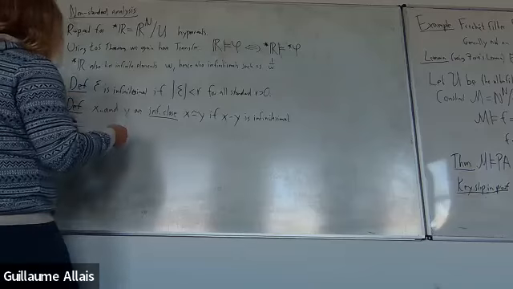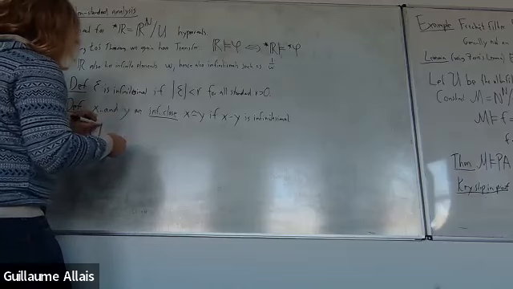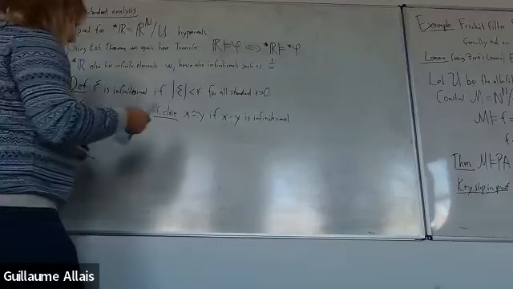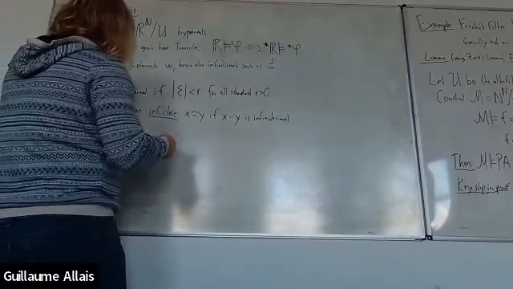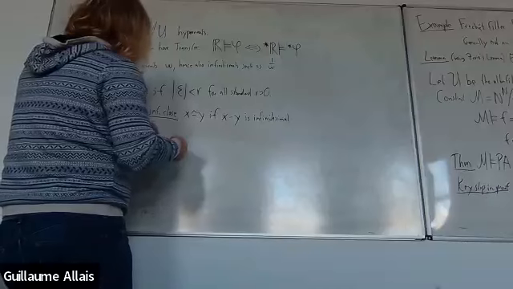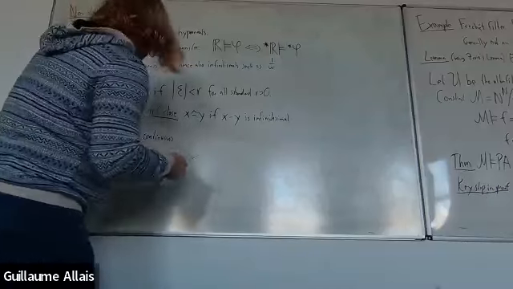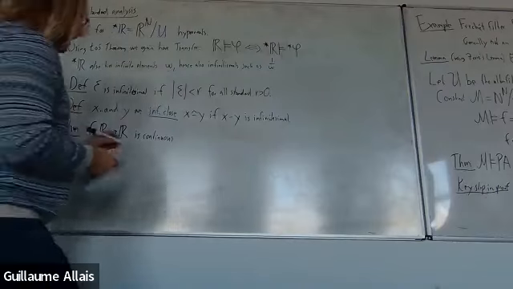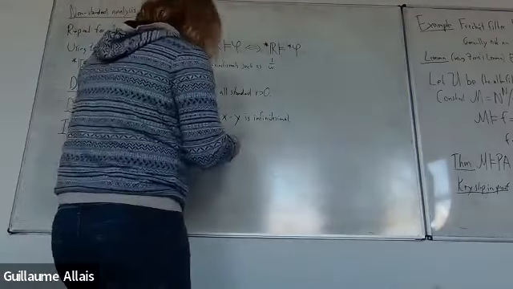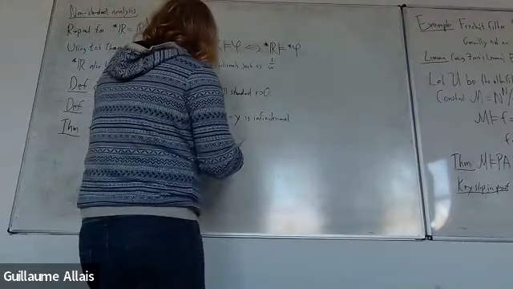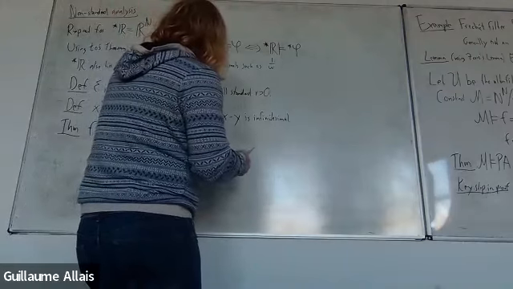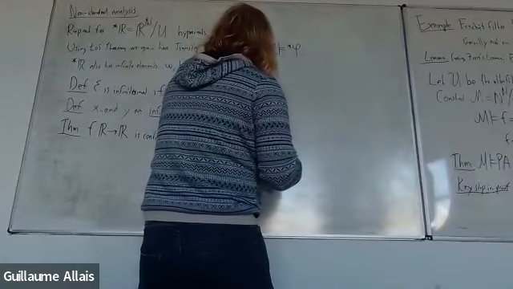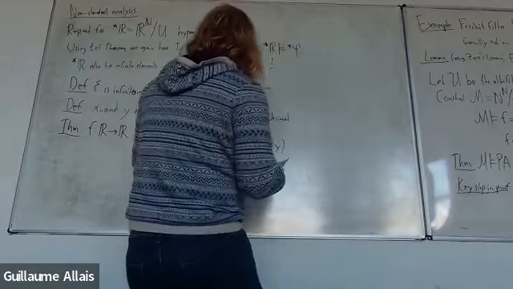So for example, if you take a function from the reals to the reals, you can say that this function is continuous, by which I mean for every epsilon there exists a delta, such blah blah blah, if and only if x being infinitely close to y implies that f of x is infinitely close to f of y.